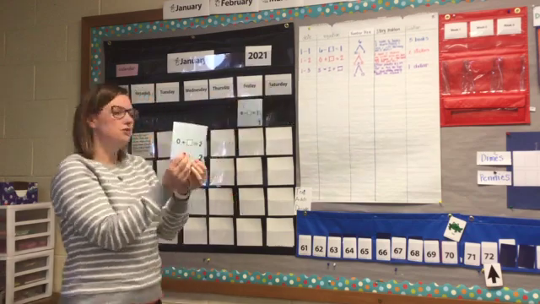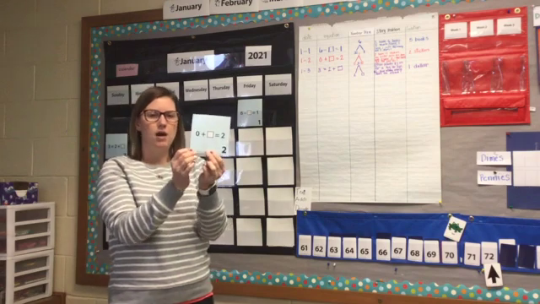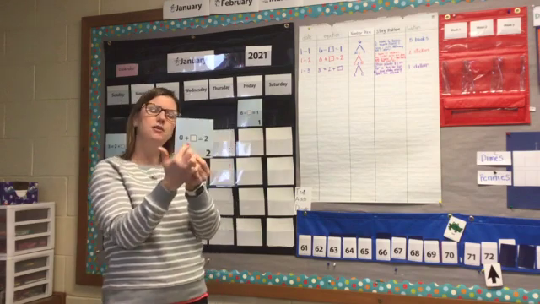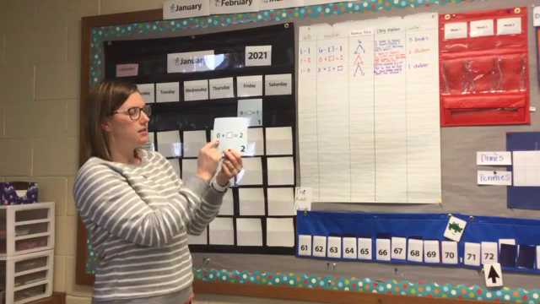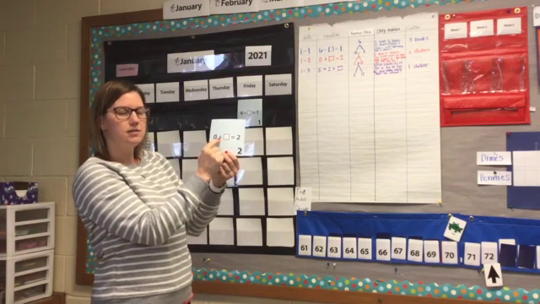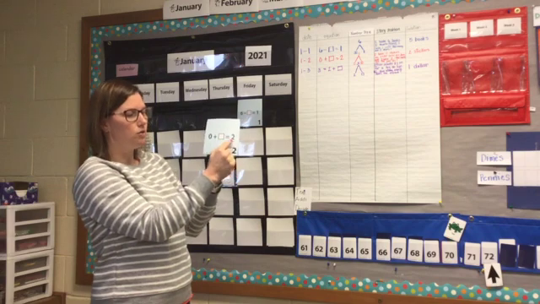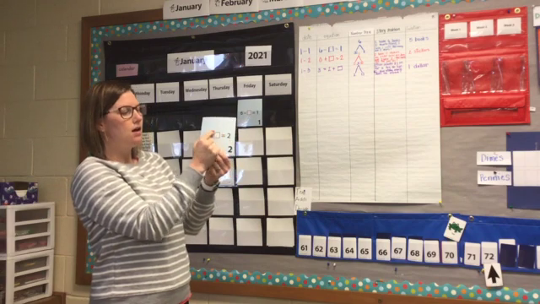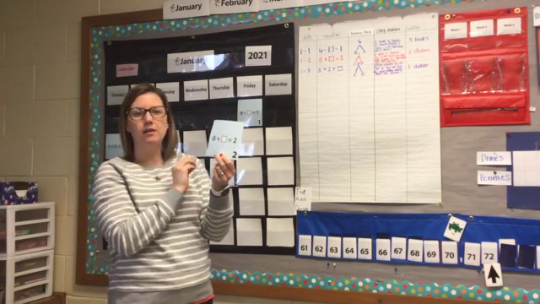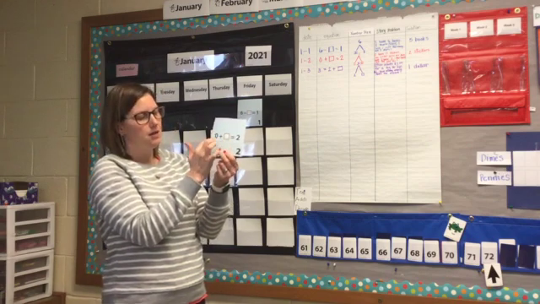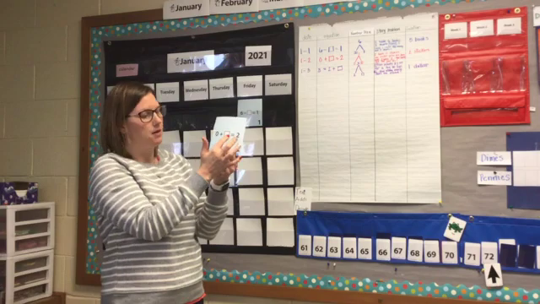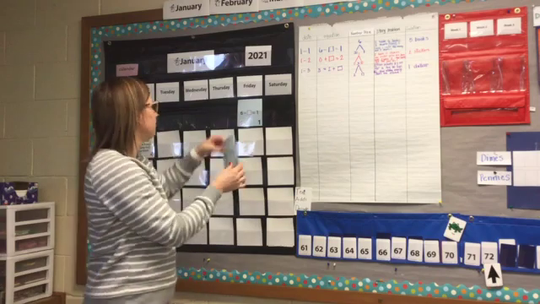Then for January 2nd, our calendar card is another equation. This time the equation is 0 plus something equals 2. Again, this empty square is an unknown partner or an unknown part. 0 plus something equals 2.